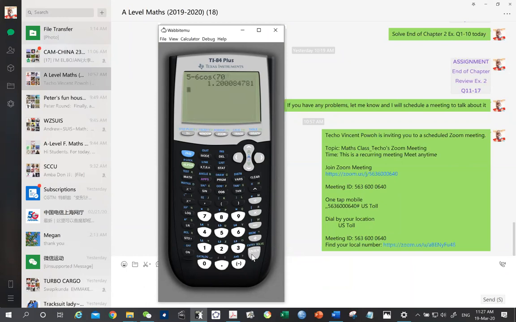I have to first see if my calculator is in degrees. It's in radians. Put it in degrees.